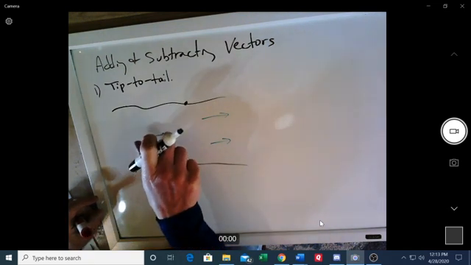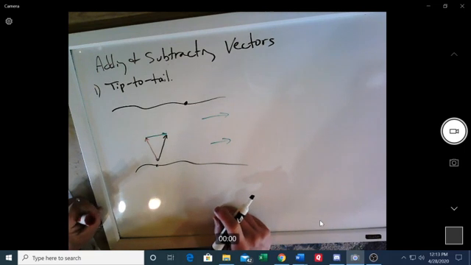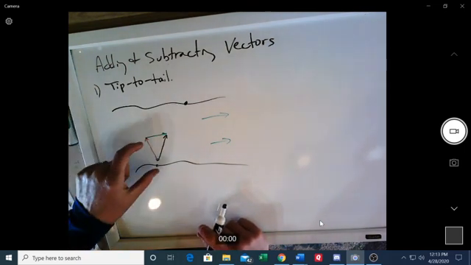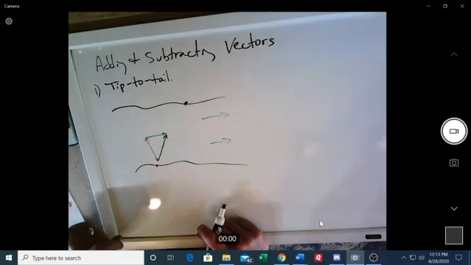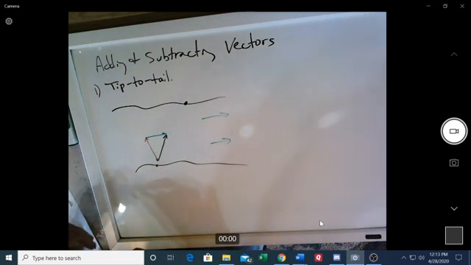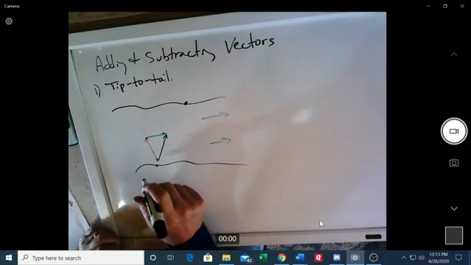You put these tip to tail like this. We add two vectors together by just putting them tip to tail, and then going from the very beginning point to the very end point, right over here.